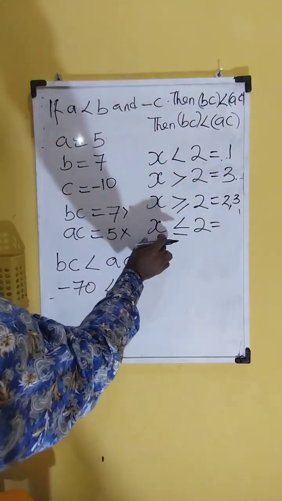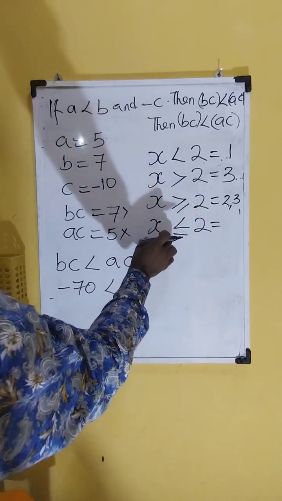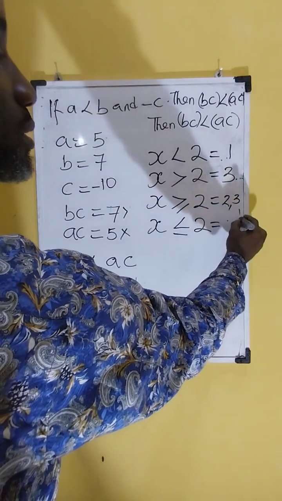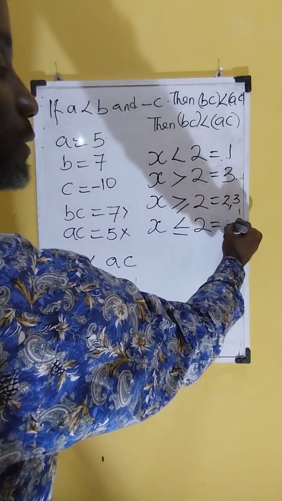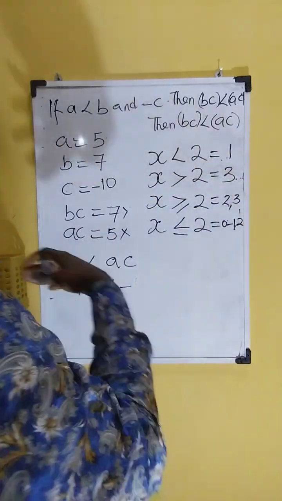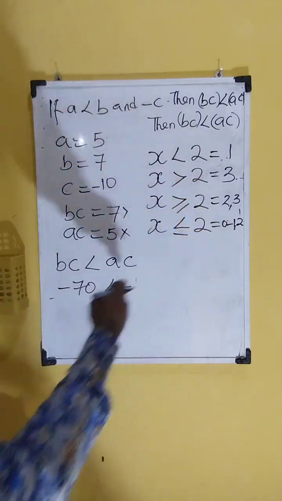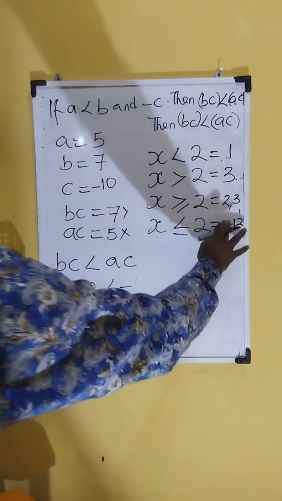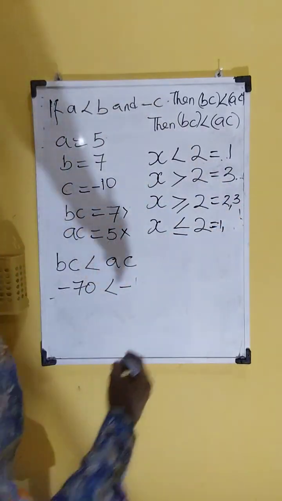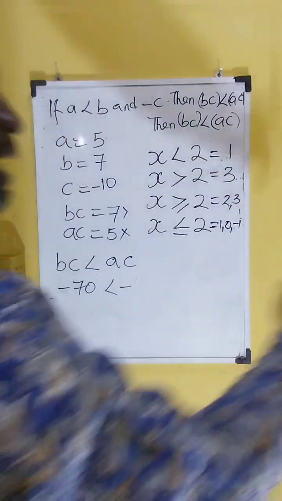If x is less than or equal to 2, it means that the number x is 2 and below. So it could be 2, 1, 0, -1, and it keeps going down. Anything below 2 will start with 1, followed by 0, then -1, -2, and so on.